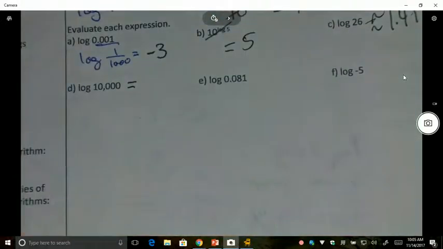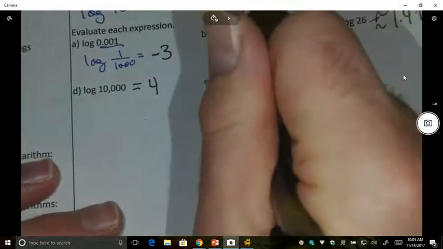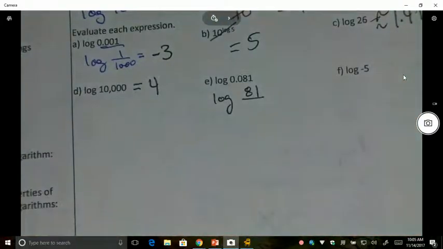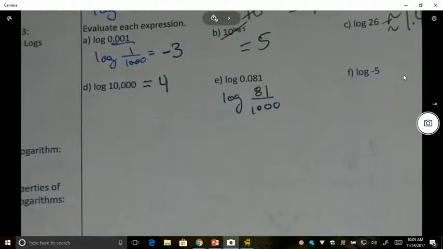Letter D, anyone have an answer for letter D? 4. 10 to the fourth power is 10,000. There are 4 zeros in that. Here, this one I did try to break down. I said, well, that's really 81 out of 1,000. I can do log base 10 of 1/1,000th, but of 81, I really can't do because it doesn't have a base of 10.